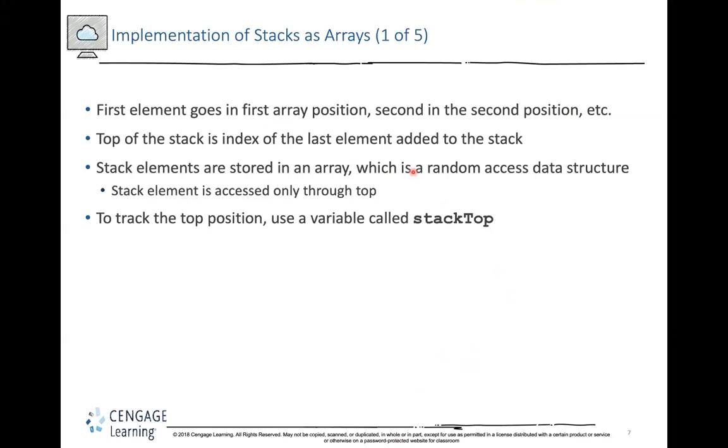Now, as we know, an array allows random access. The stack element is accessed only through the top. Now we need to keep track of the top position. To do that, we can use a variable called stack top.